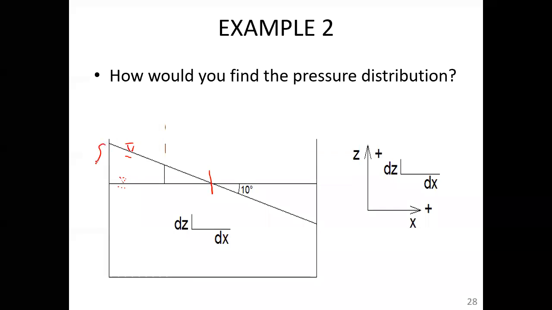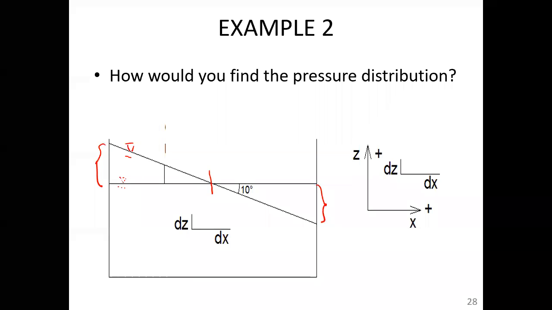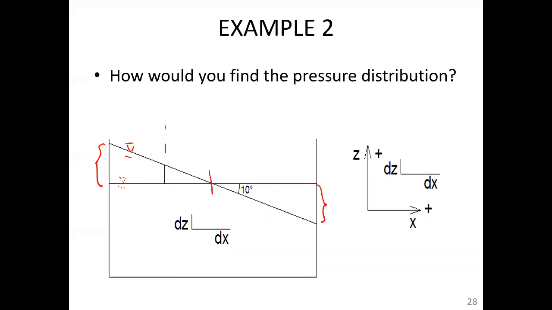It went up on the left-hand side the same distance it went down. Now that's true if you have a symmetric container. If it's not a symmetric container, that wouldn't be true. But if you consider this like a box or a rectangular structure, it would go up the same on one side as the other. If it was a cylinder, it would do the same thing.